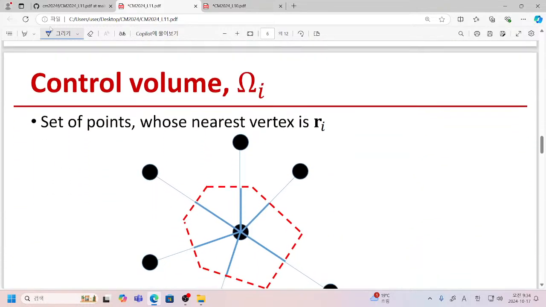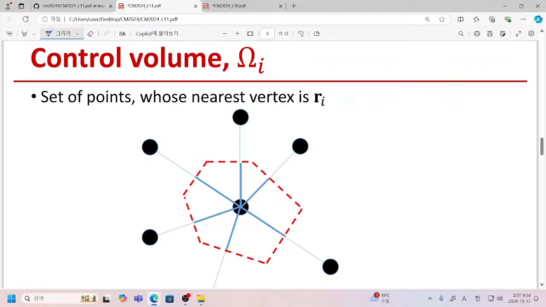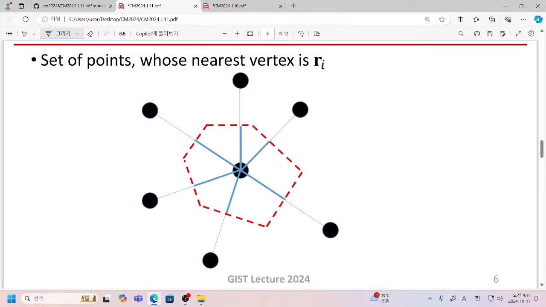And another thing is that we have to have a clear view of our mesh structure. Although we can extend it to the three-dimensional case, for simplicity, I will just talk about the 2D case. So please have a look at one typical example. We can have many different points.